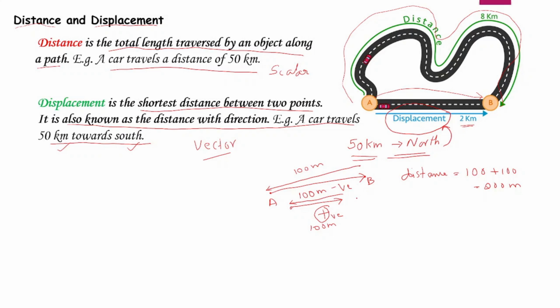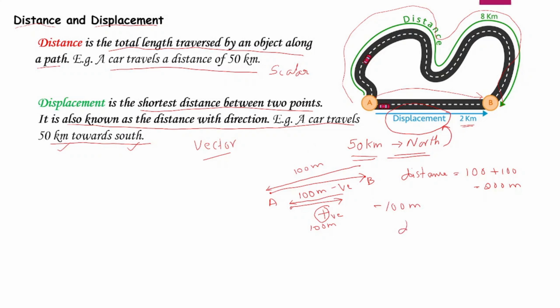So what will be the total displacement? From left to right, from A to B, it is plus 100 meter, but from B to A, it is minus 100 meter, because we are considering the direction.